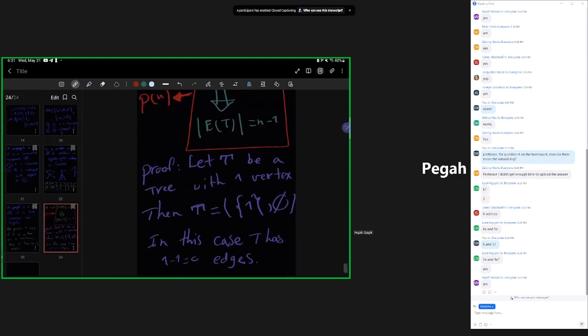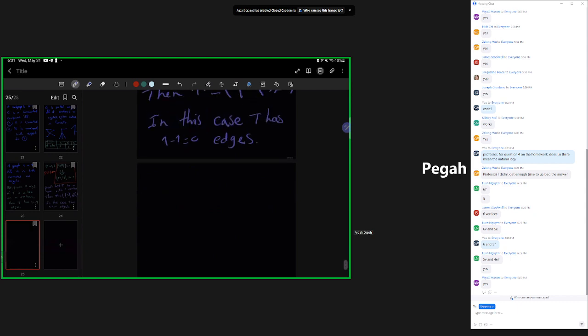We already know this is correct, so based on this, let's do the induction step. For any n greater than 1, I know P(1) is true. If P(n minus 1) is correct, then I can show that P(n) is true too. So let's see how we can prove it. Let n greater than 1 be arbitrary.